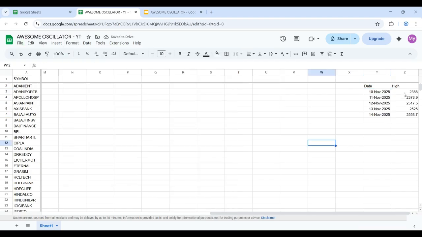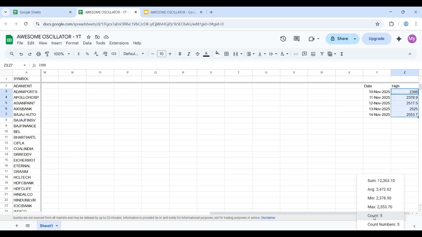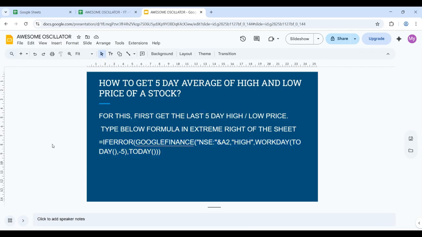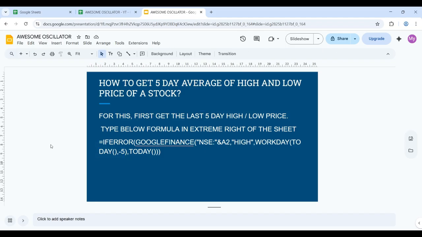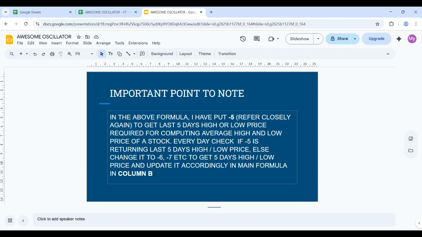So we got the high for 5 days. How many days? Yeah, count 5. Okay, this is how we need to get. So if you look into this formula, I have put minus 5 here. Okay, so every day we need to check if minus 5 is returning the last 5 days high or low price, for computing the awesome oscillator.